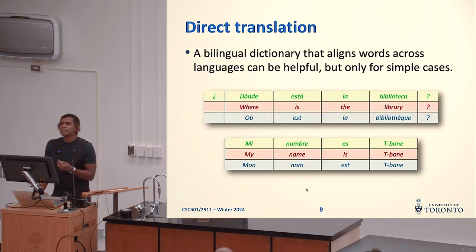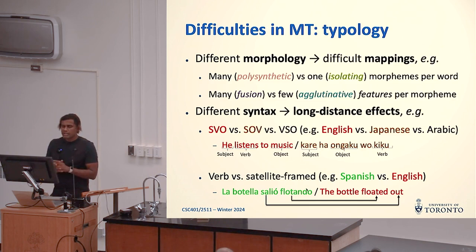Why doesn't direct translation really work? Because of differences across different languages. Let's take a look at some of those intrinsic linguistic differences that make direct translation difficult. I think Gerald alluded to some of them in the introductory lecture, but let's formally go through them. So first of all, there are different morphologies. A morpheme is the primitive component of a word, and different morphology means that they have different mappings between languages.